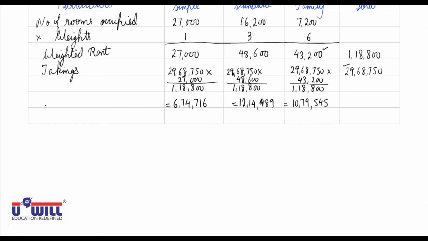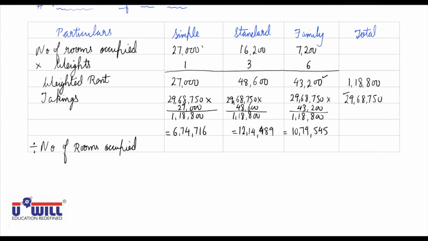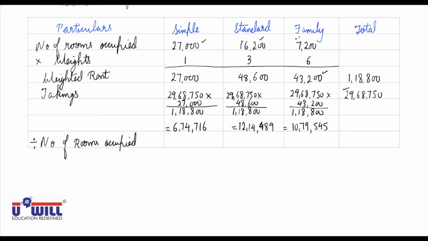Now this you will divide by number of rooms occupied to get the per day rent of the rooms. In the beginning, you all can see 27,000, 16,200 and 7,200.